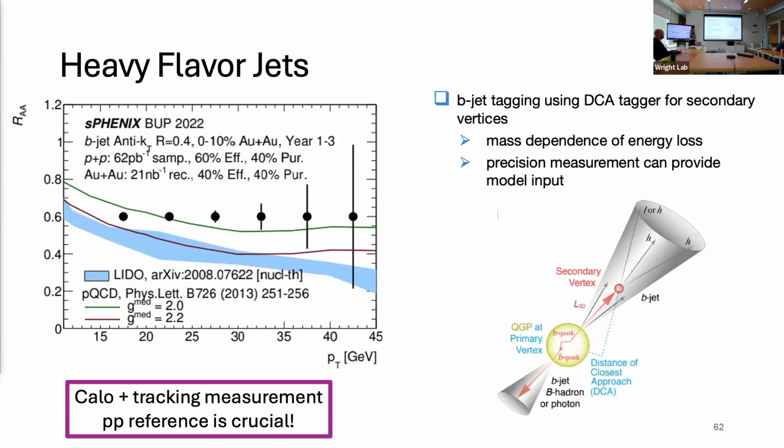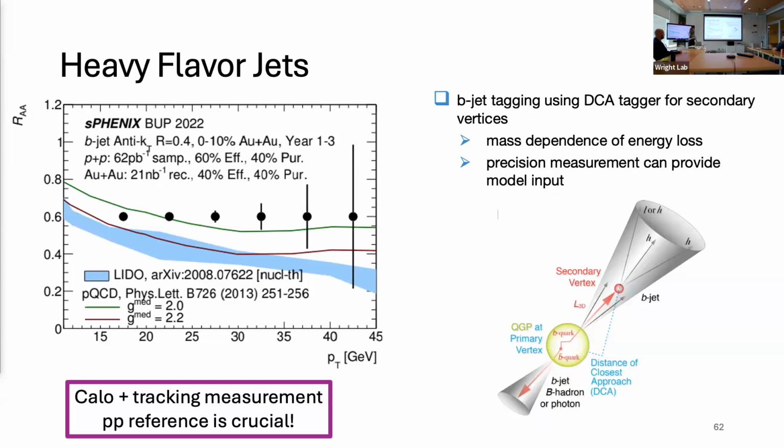And then the last thing that I mentioned that we wanted to look at was the mass dependence of energy loss. Here I'm showing the RAA projection for B jets. So these are jets coming from the B quark. As I mentioned at the beginning of the talk, when we talked about sPHENIX, we have this silicon vertex tracker. And so this can actually be used to tag directly the heavy flavor decay.